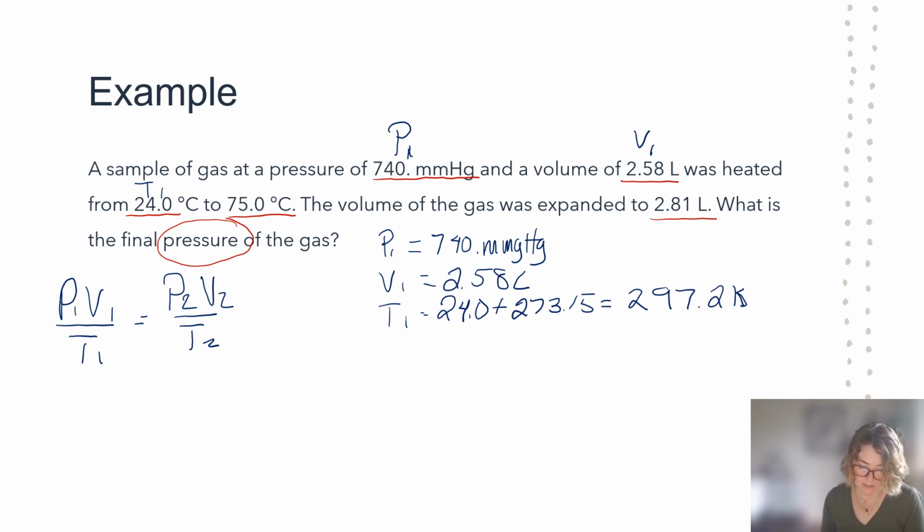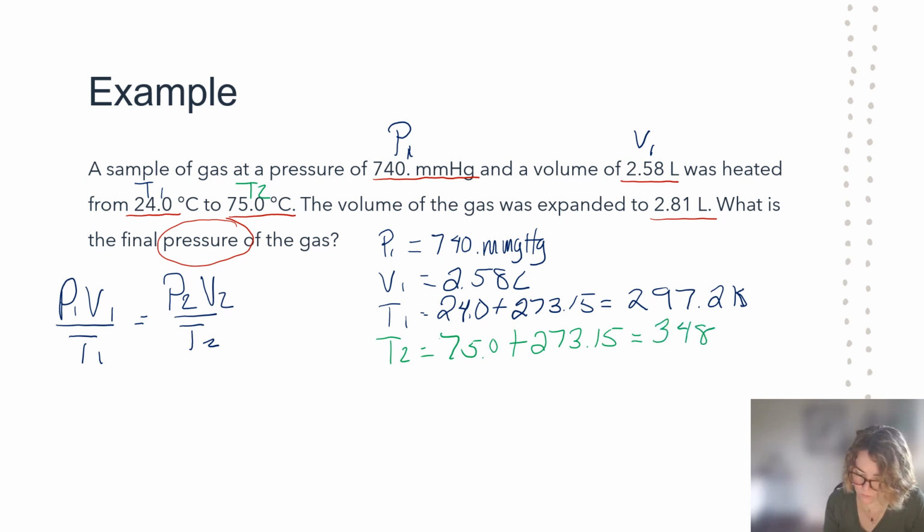Now I'm going to look for my second set of variables. I have been given a second temperature, which is 75 degrees. Again, I'm going to immediately convert that to Kelvin, and that is 348.2.